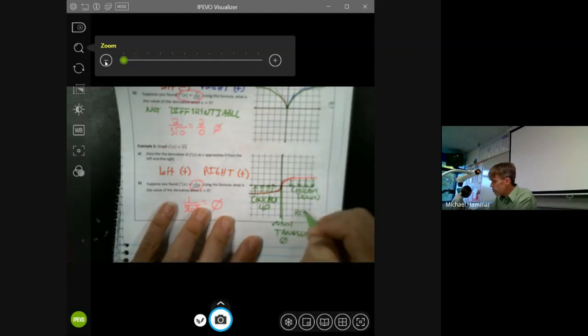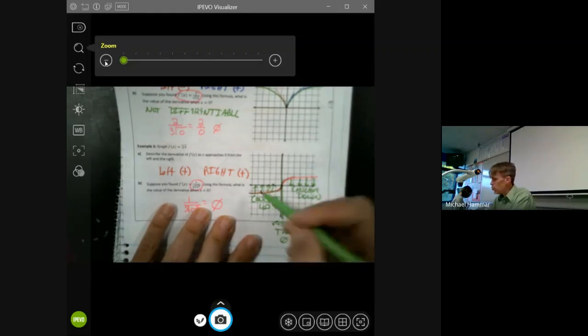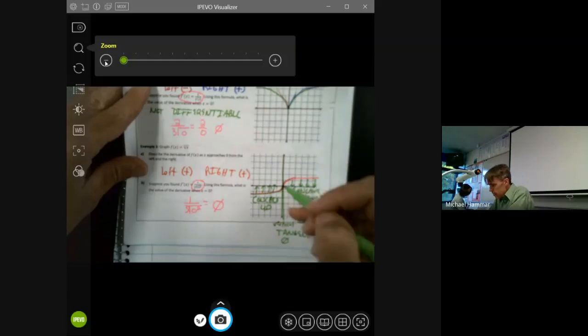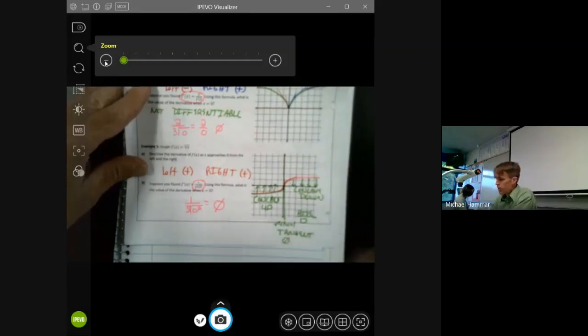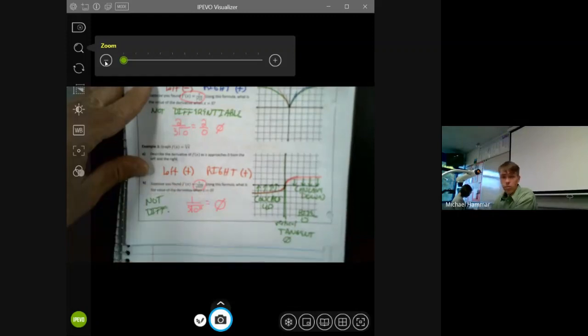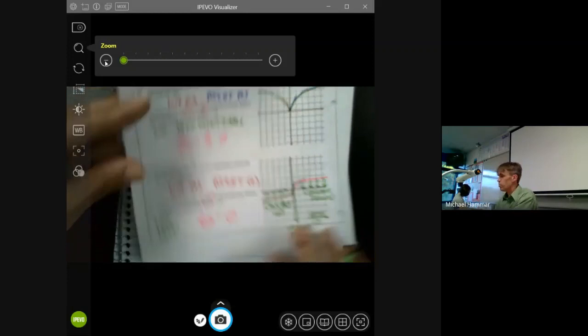So it's always going to be a rise divided by 0. So whenever you see a graph that does this, there is, at 0, it is not going to be differentiable. So this is not differentiable because it has a vertical tangent, which has an undefined slope.